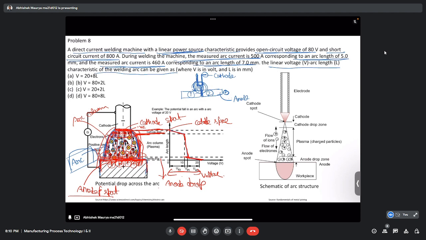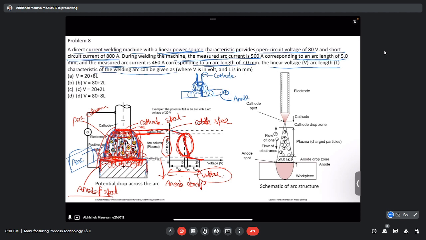So this is the main region of the arc, and that is the linear curve between the arc length and potential drop. And we have to find out this relationship. What is the equation of this line?